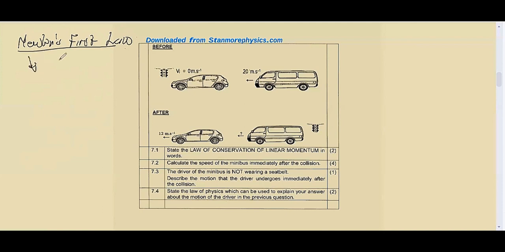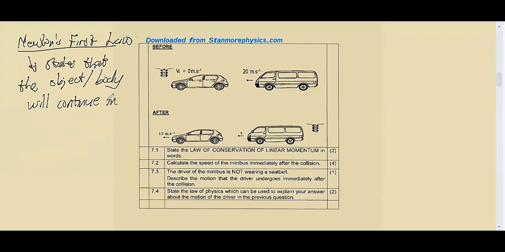So Newton's first law, we say it states that the object or body will continue in a state of rest or uniform motion. So others might say constant velocity instead of uniform motion.